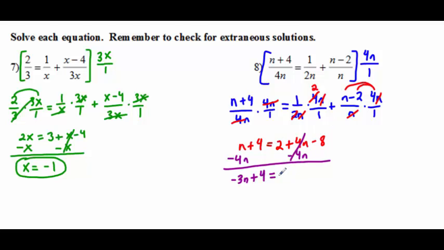Two minus 8 is -6. Negative 3n plus 4 equals -6. And then we subtract 4 from both sides.